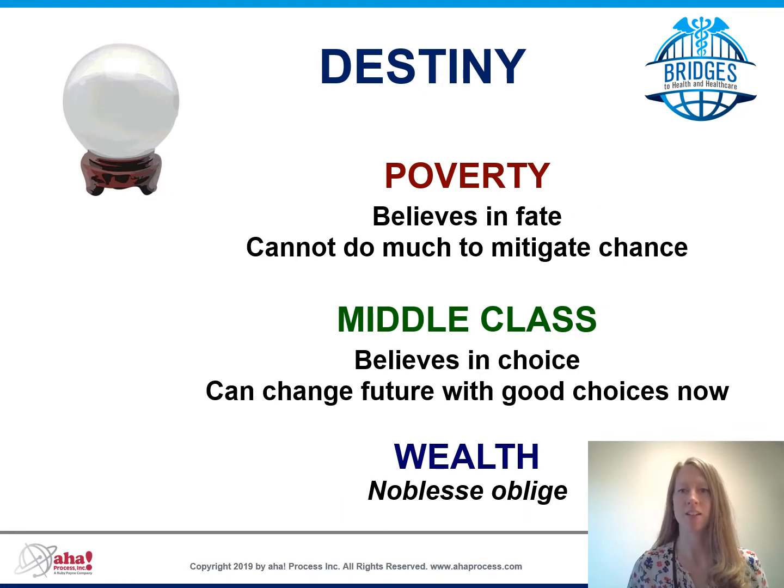Another very different example is the hidden rules of destiny. In other words, to what extent are we controlled, and what do we control? Among the truly wealthy, there is this notion of noblesse oblige, which means that those who are wealthy are called or obligated to act generously, kindly, and righteously to those in society who are less privileged.